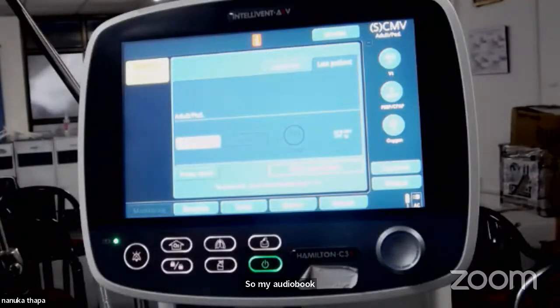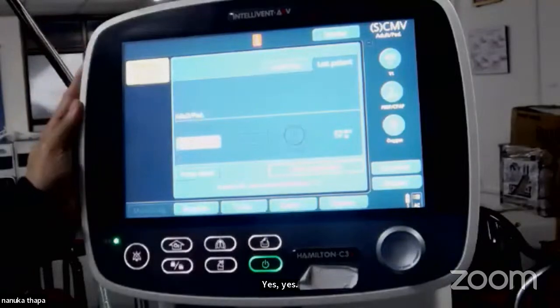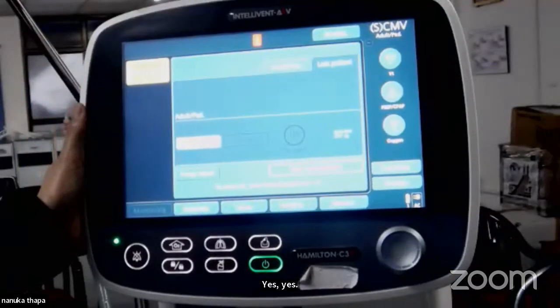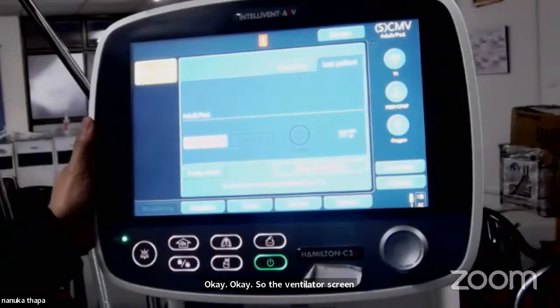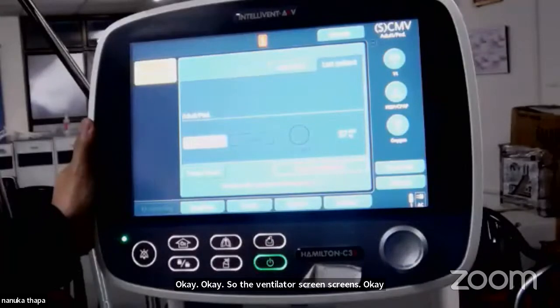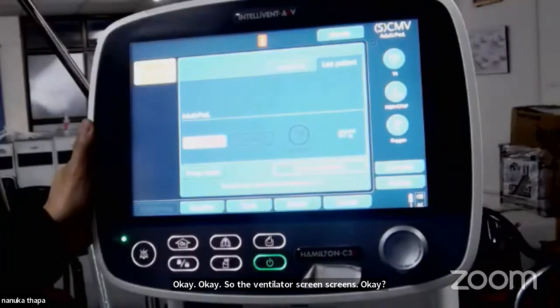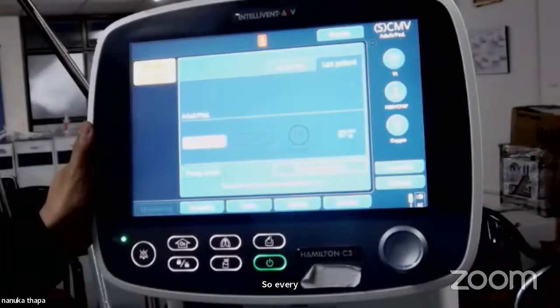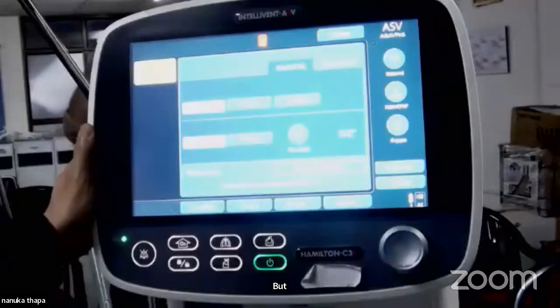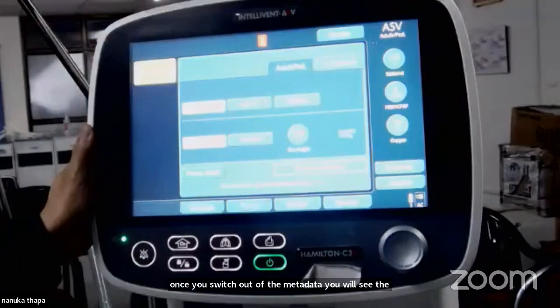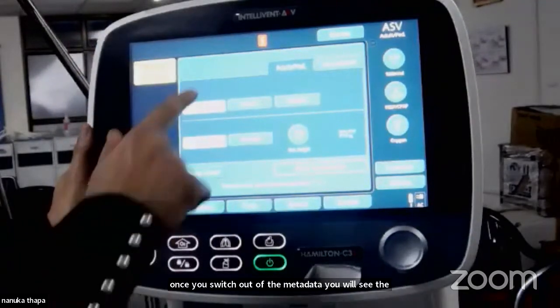Okay. So this is the ventilator screen, as you can see on your screens. Every ventilator will have a different way of entering the settings, but it is more or less the same. Once you switch on the ventilator, you will see the screen. You will go first to settings, whether it is adult or pediatric.